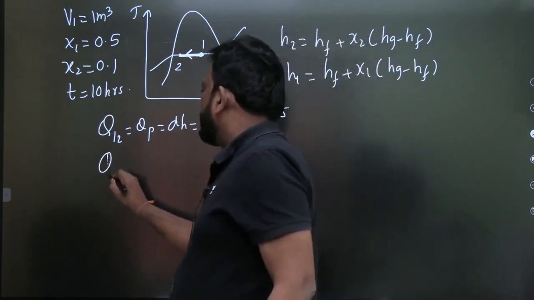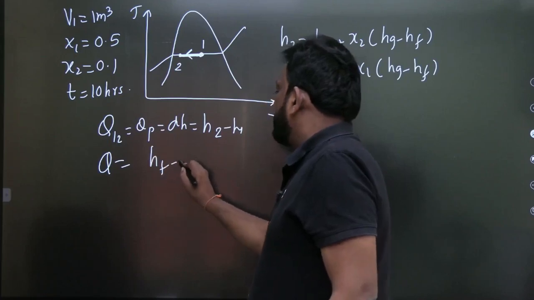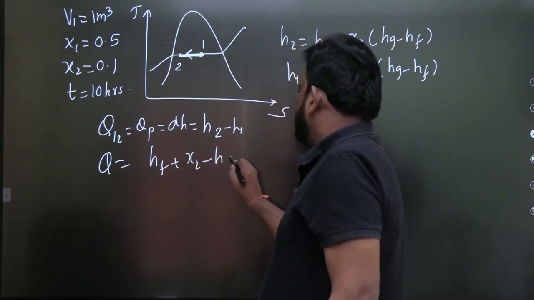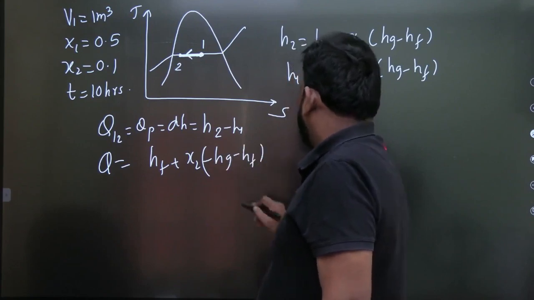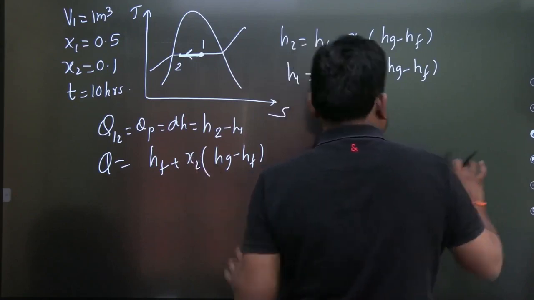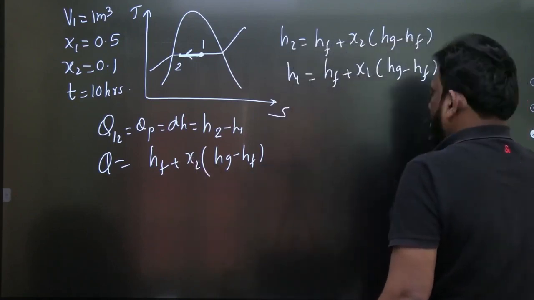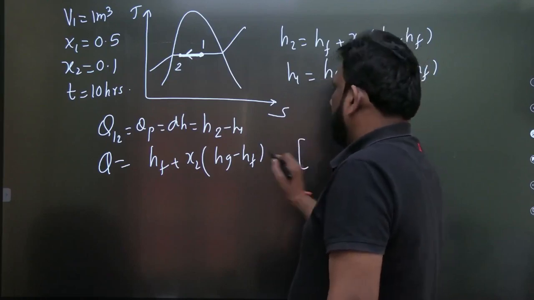So heat transfer is equal to H2 minus H1. What is H2? Hf plus X2 into Hg minus Hf. Now, this is H2 minus H1.